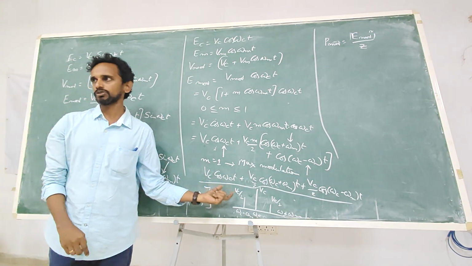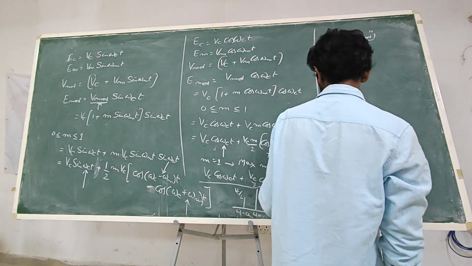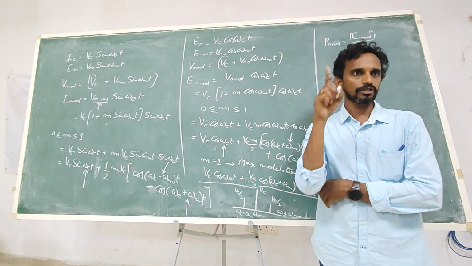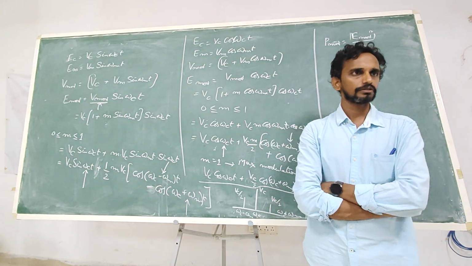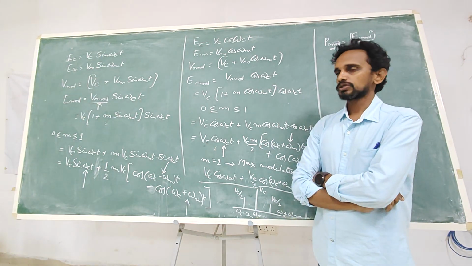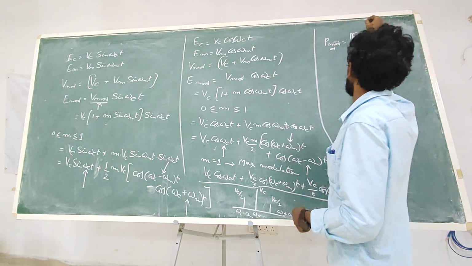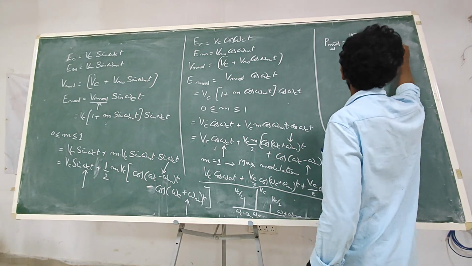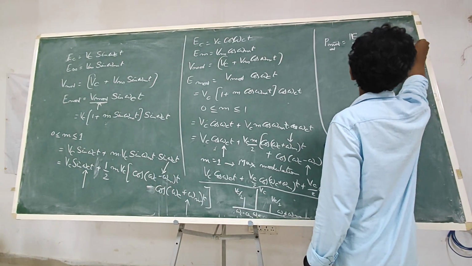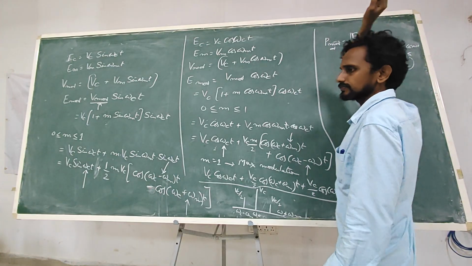I am considering average power, so I have to take the average over the complete cycle. If you take the average of a cosine function over a complete cycle from 0 to 2 pi, you will get 1 by 2.